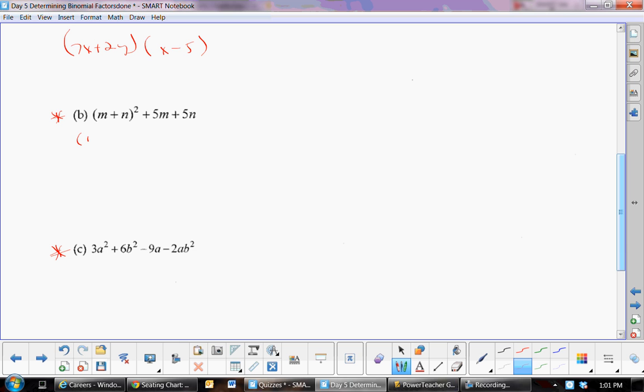Yeah, so if you write this as m plus n times m plus n, plus 5m plus 5n. So if you look at this as like 1, and this is the other, this one's kind of already factored, right? m plus n times m plus n. But is there something I can take out of that second set?